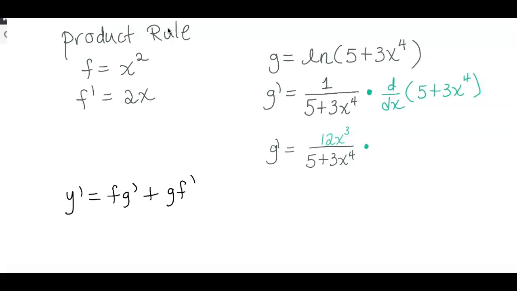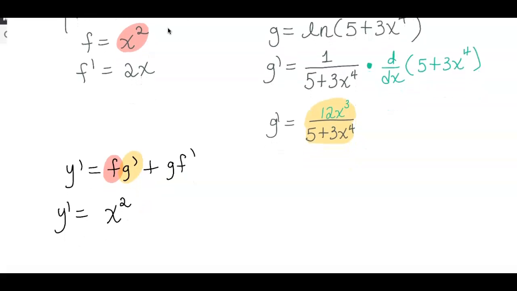One step at a time: f is x squared, so I'll do x squared first, multiplied by g prime, which is 12x to the third power over 5 plus 3x to the fourth.